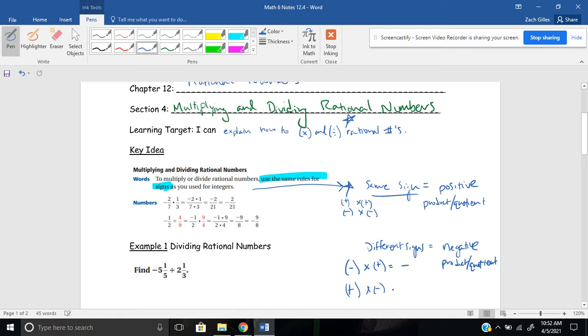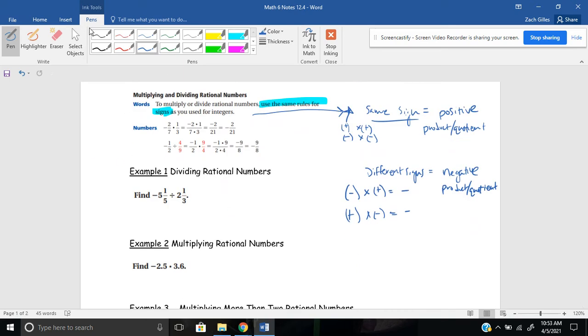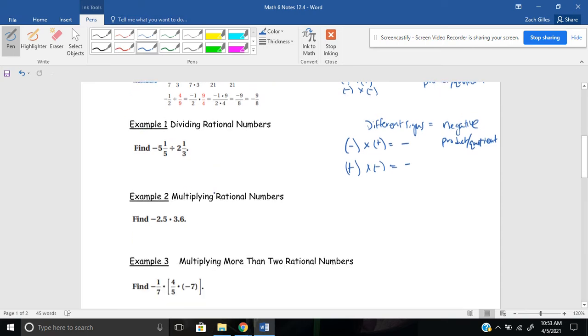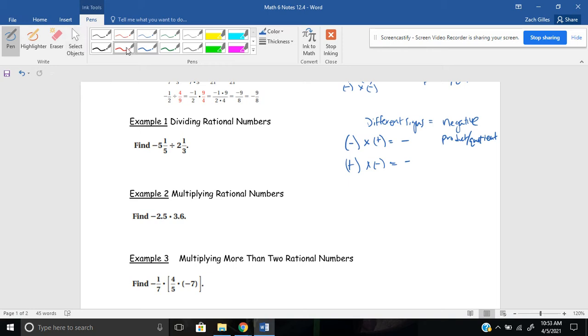That order could be reversed. We'll still get a negative answer. Okay, so we're using those same exact rules for multiplying and dividing rational numbers as we used for integers. Same exact rules. All right, let's try a few examples together here with multiplying and dividing and see if those make sense, and we'll go from there.